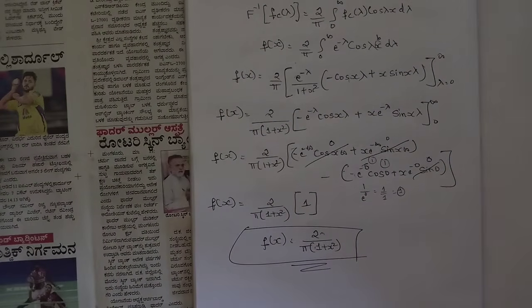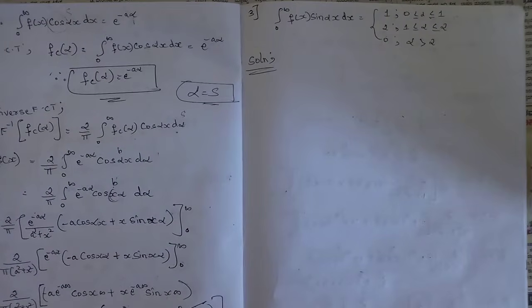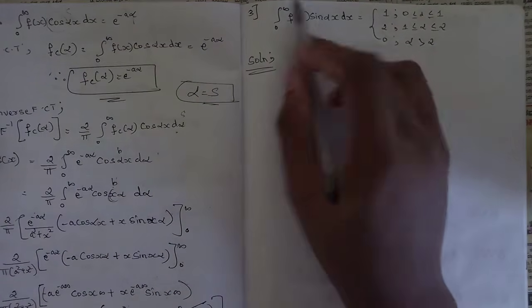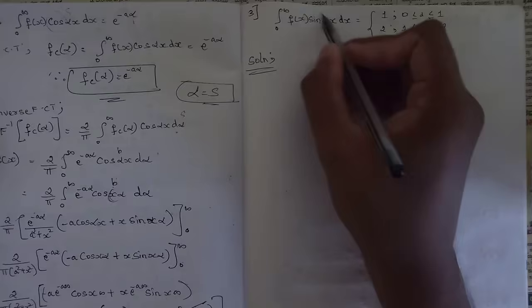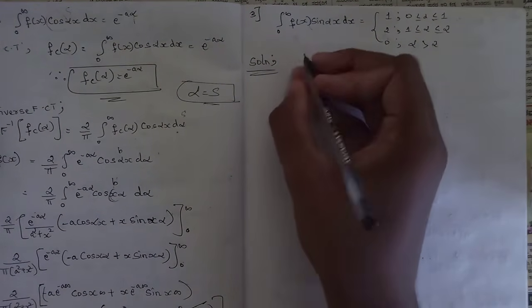Okay, so now we have one more problem left, so now we'll solve that. So yeah, this is the last question of this module. Here we can see that in this integral sine is there, so we know that this corresponds to a Fourier sine transform.